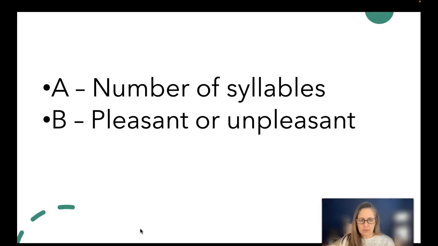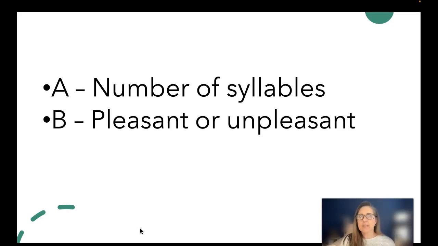So for example, if I were to say number 1, sweater, you would make a determination about how many syllables are in the word sweater, and that's what you would write down on your paper, the number of syllables that are in the word sweater. You would put that out beside number 1. But if I say B before I say the word, the judgment you need to make is whether that word is pleasant or unpleasant.